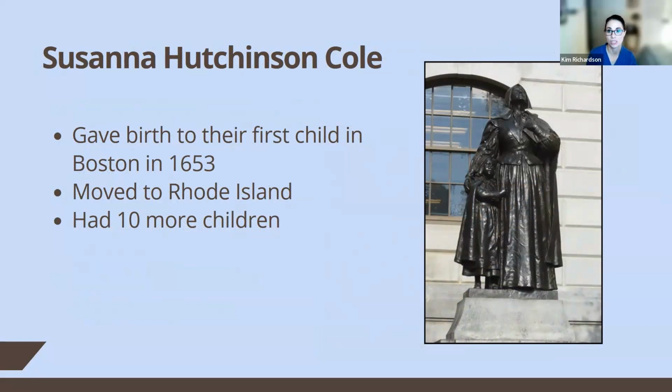Susanna goes on, and they have their first child in 1653. They move to Rhode Island, and they have 10 more children and live a full life. So her story has a good ending, whereas certainly her childhood was traumatic.